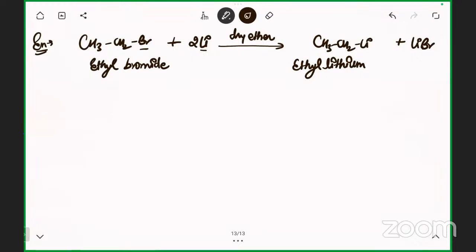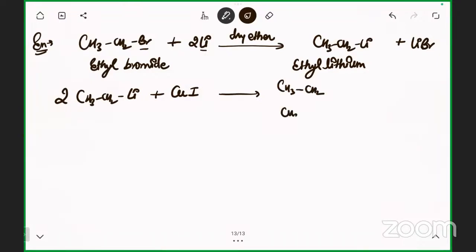Now this ethyl lithium, CH3CH2Li, will again react with CuI, cuprous iodide. I'm taking two molecules, so it will form a compound that is CH3CH2 CH3CH2, both combining with the copper, which will carry a positive charge.